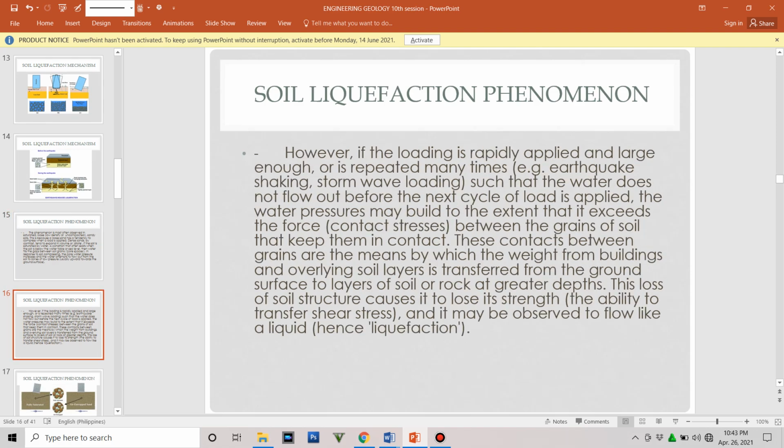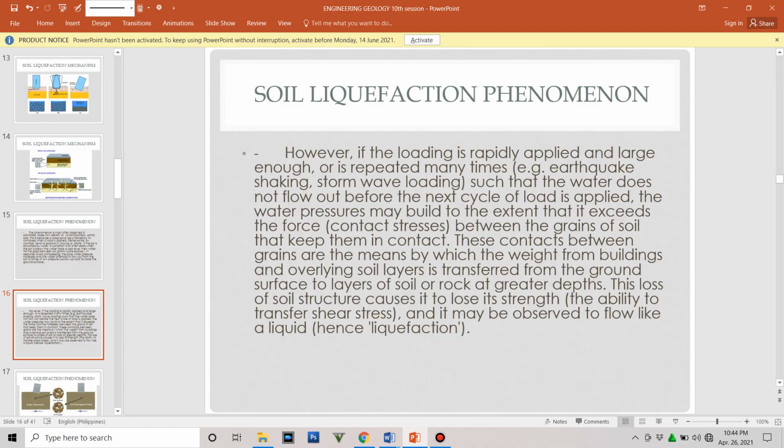So by the way, the silt material or clay, napakaliit ng grains niyan. Kaya kapag napakaliit ng grains, of course, napakaliit ng pore spaces. So gaano kaliit yun? It is less than 0.074 millimeter. Mas maliit siya sa 1 mm or 0.074. So napakaliit niya.